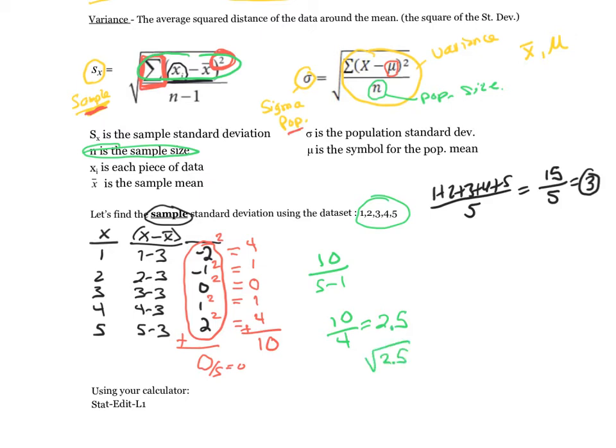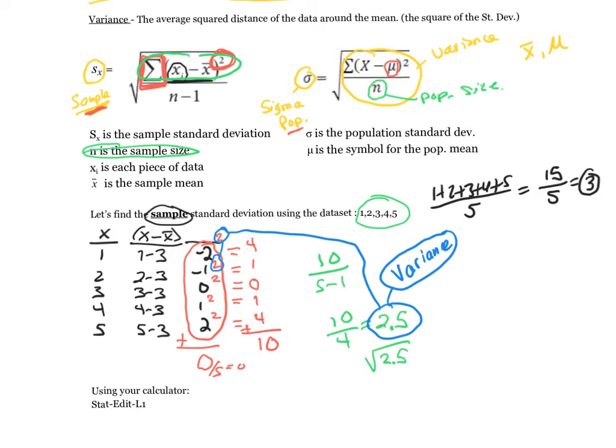This 2.5, though, has a special name. It's called the variance. It's the average squared distance from the mean. And it's squared because it comes from squaring all of these values. Because remember, if I didn't square them, when I added up those differences, they would cancel out to 0.